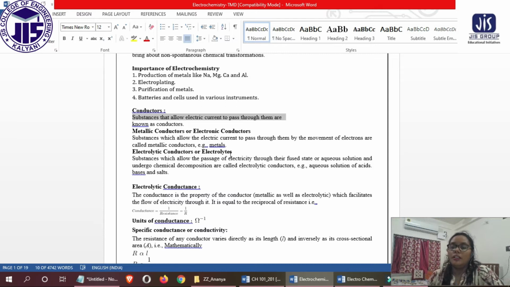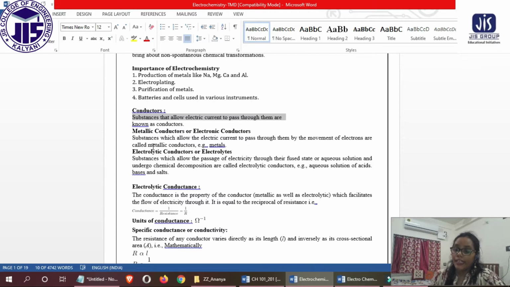For conductors, the valence band and conduction band are overlapped.